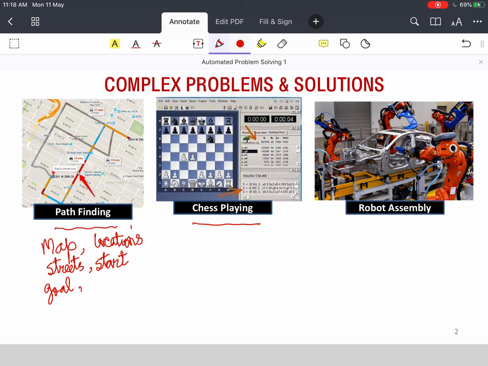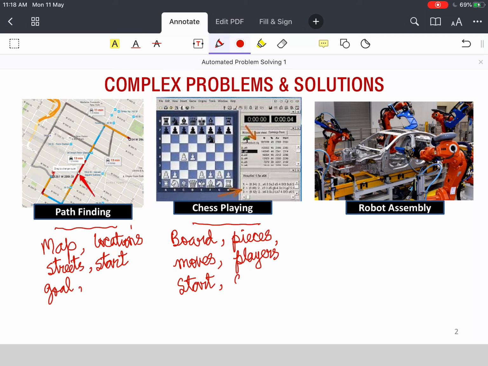Now, what is the structure of the chess playing program? There is a board, there is a set of pieces who are in their locations, there are a set of moves that can be played, and there are a set of 2 players who play their turns one by one. And we all know what the starting position is; it is known to all.